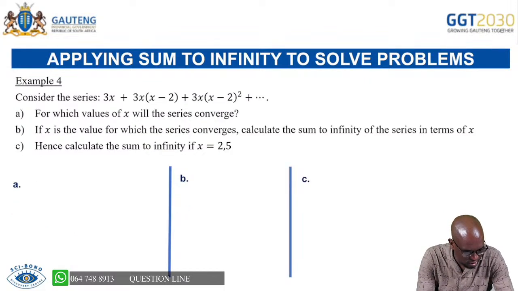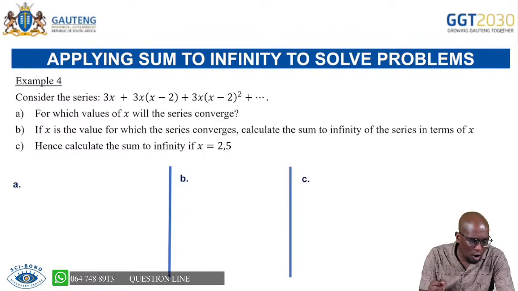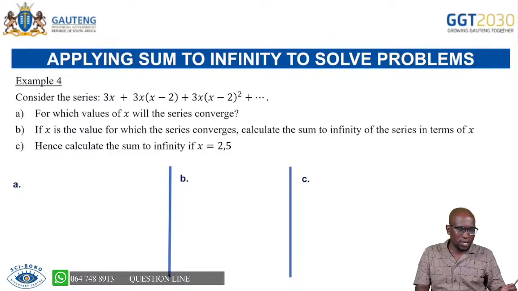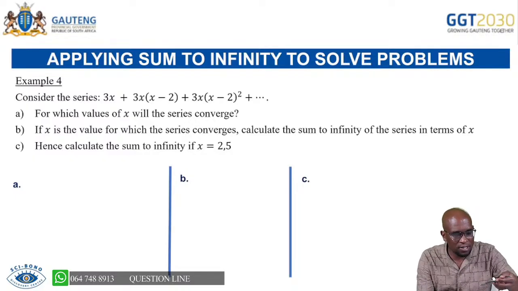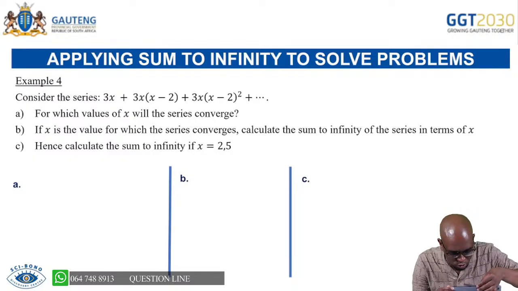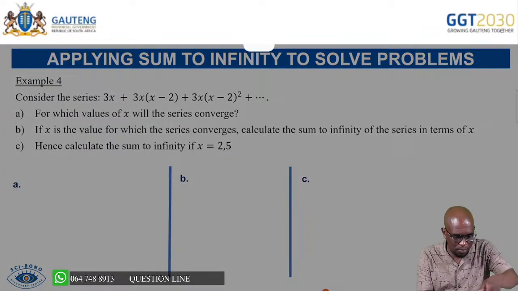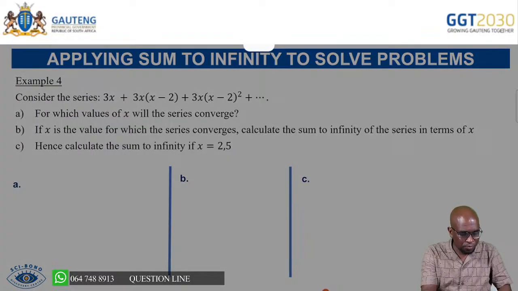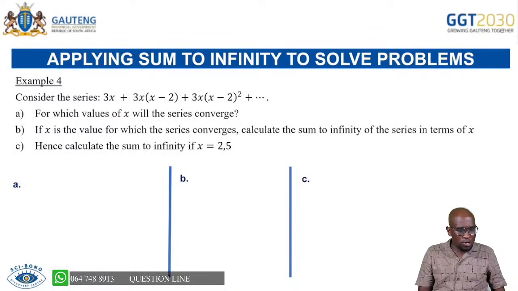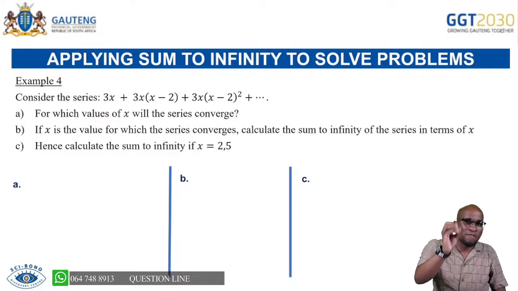Right, we move on to example 4 quickly. Let me first take you through it. We read together through the example and see. Example 4, consider the series 3x, 3x into x minus 2, 3x into x minus 2 squared. For which values of x will the series converge?